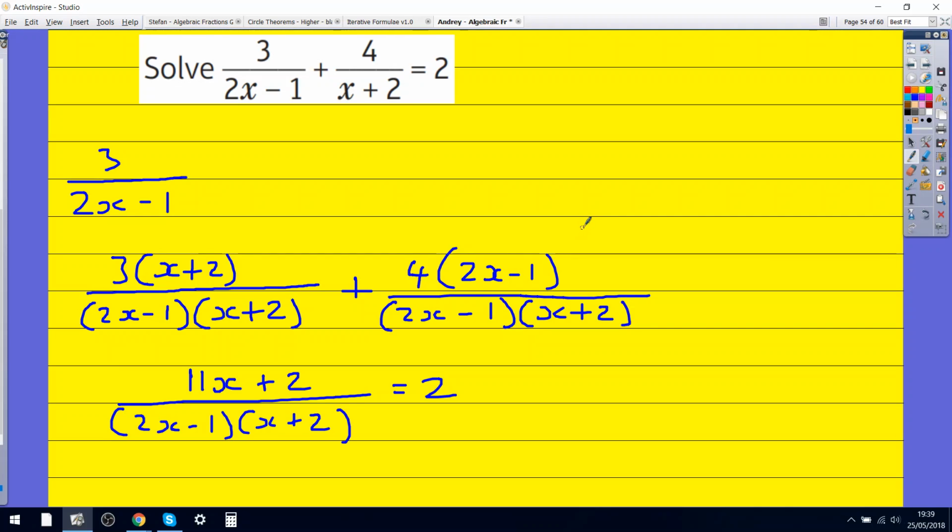Yeah. How would you do that? If we just took both the brackets on the denominator to the other side, so it's 11x plus 2 equals 2 times 2x minus 1 and x plus 2.